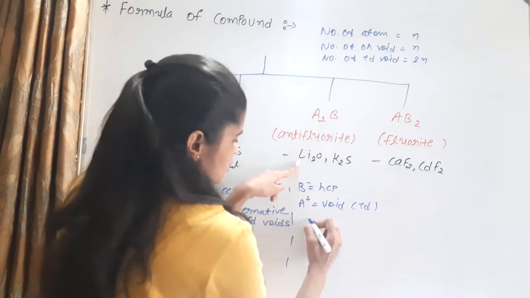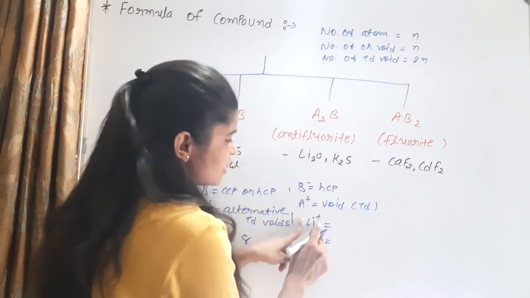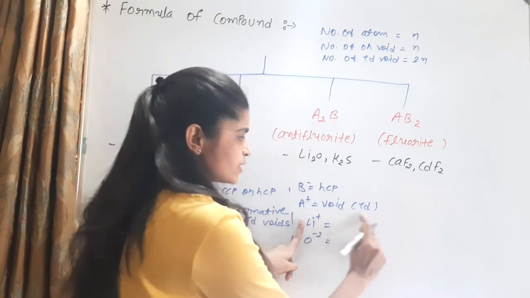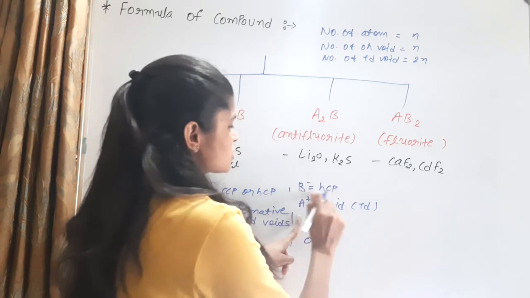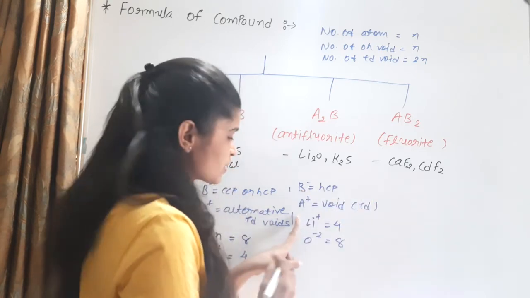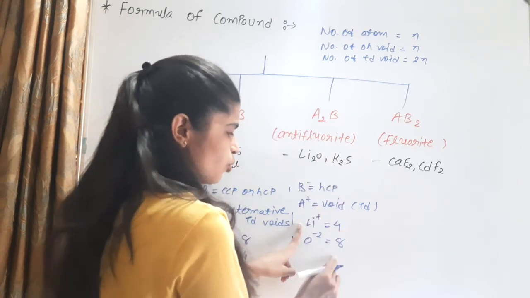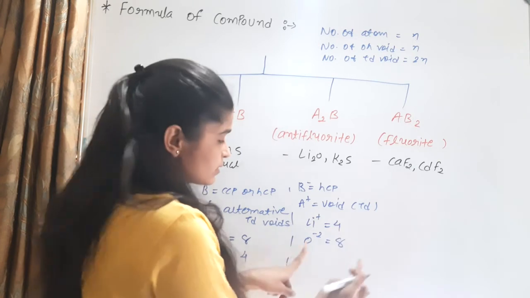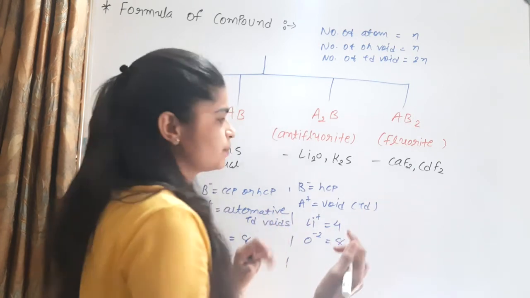So A plus and then O minus 2. Lithium plus occupies tetrahedral voids, so its coordination number is 4, and oxygen minus 2 occupies HCP, its coordination number 8. That way Li2O: 4 plus 4, 8, O minus 2, 8. So the total coordination number is the same.